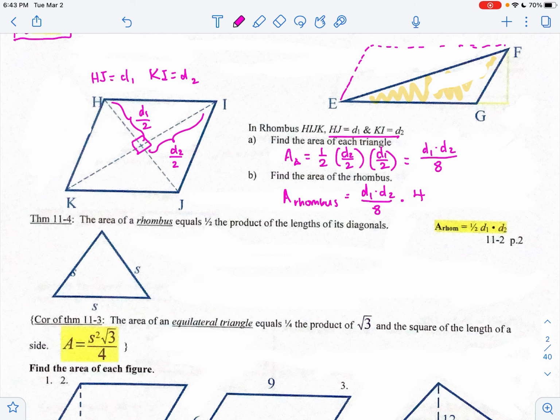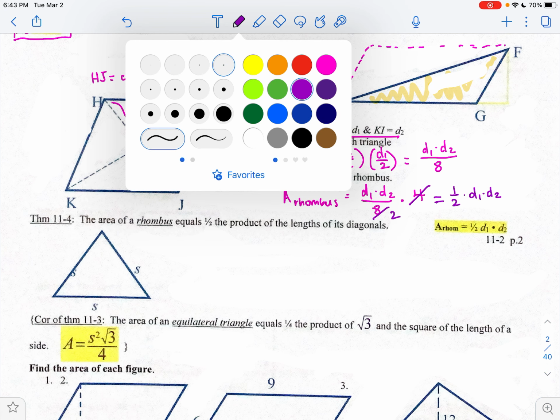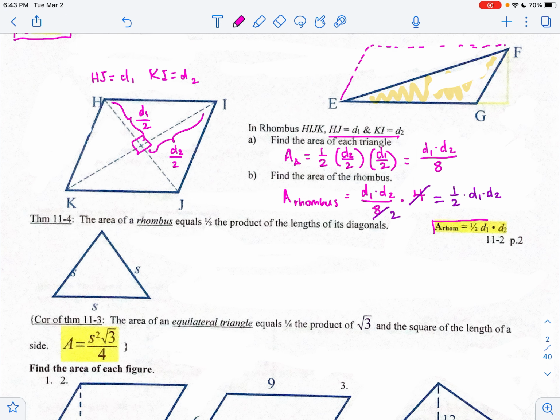Now the 4 is going to reduce with the 8 to get 2 in the denominator. So the formula that I end up with for the area of a rhombus is down below there, 1/2 times d1 times d2. Once again, I'll box the formula in pink here: half d1 times d2.